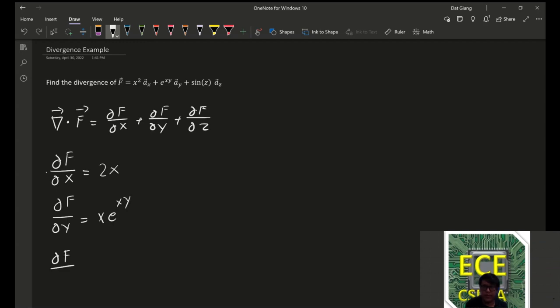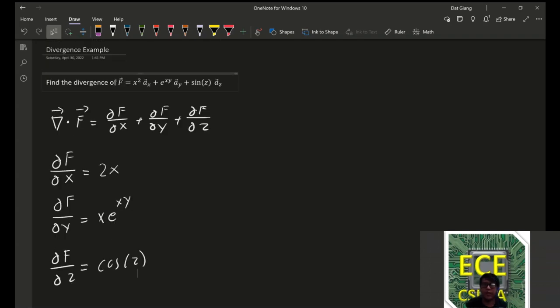The partial derivative with respect to z, in the direction of z, is going to be cosine of z.